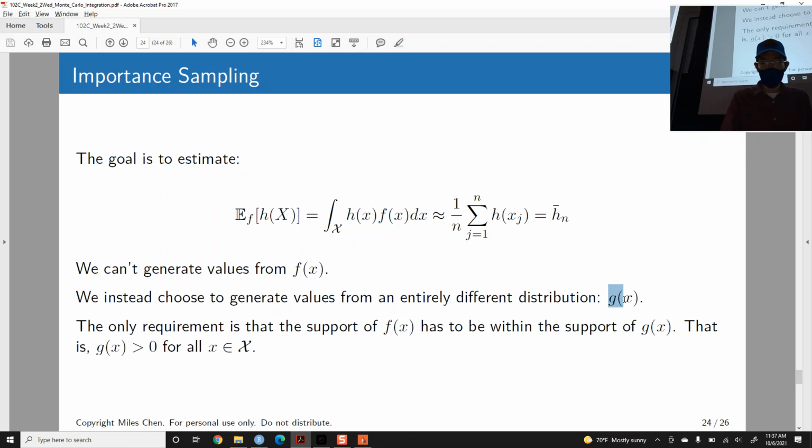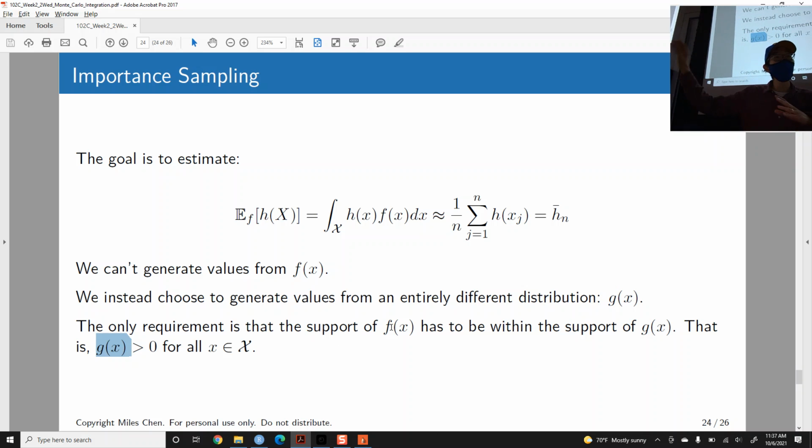The only requirement, as far as picking some arbitrary distribution g, is that the support of the function f has to be contained within the support of g. Which is to say that g cannot be 0 if f is something other than 0.